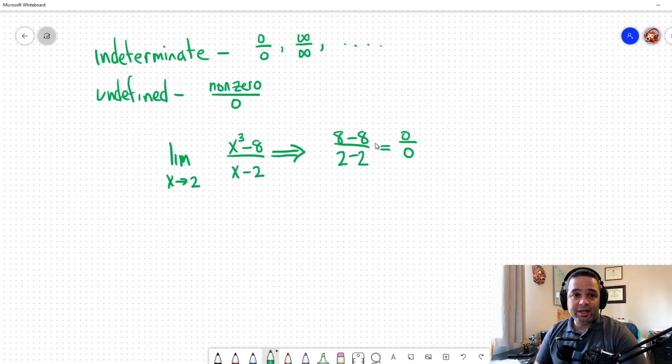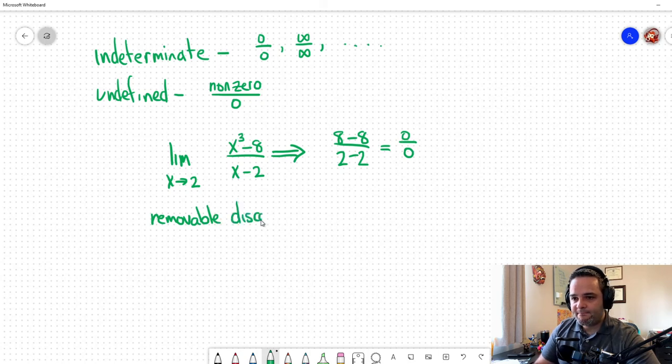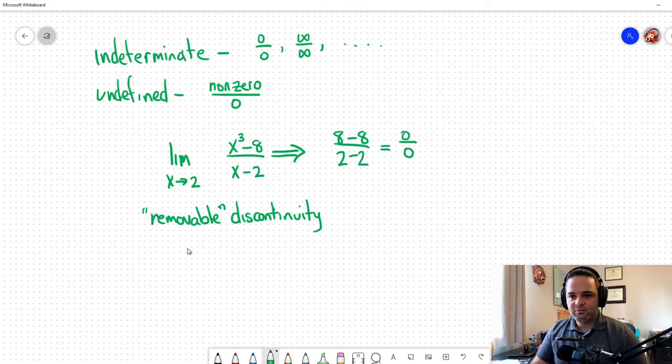We saw that when we graphed this, at 2 we have a removable discontinuity, the term removable meaning a hole in the graph.